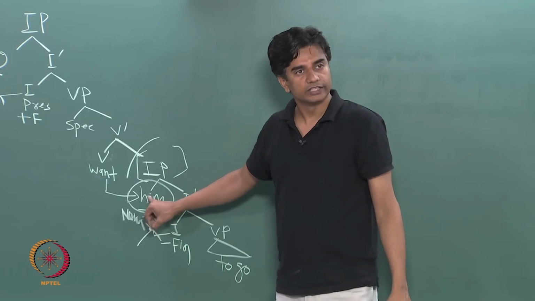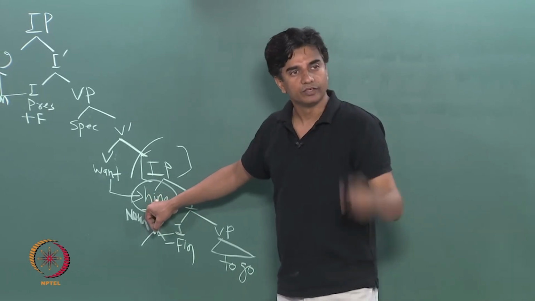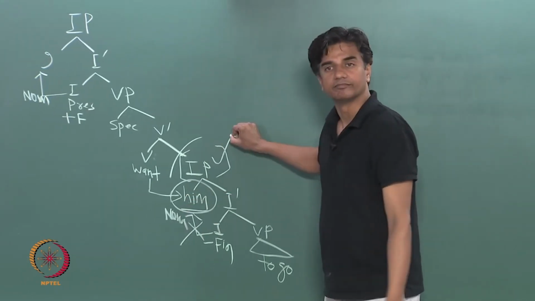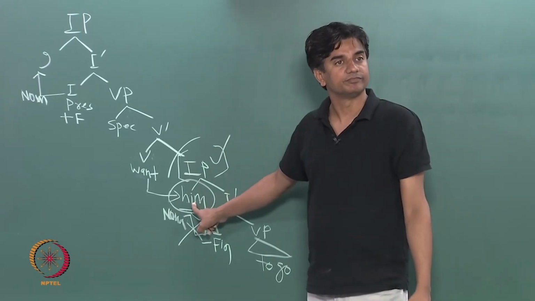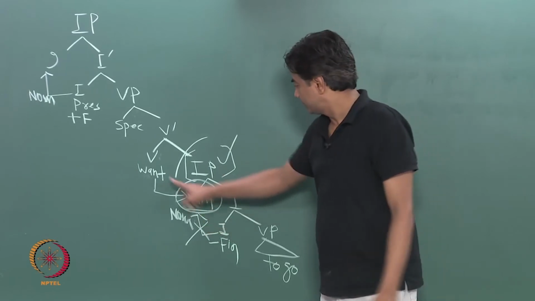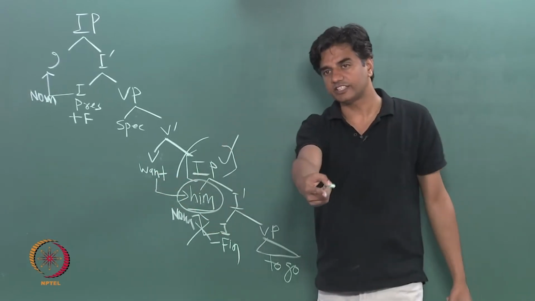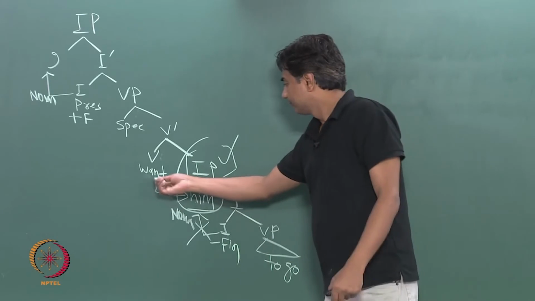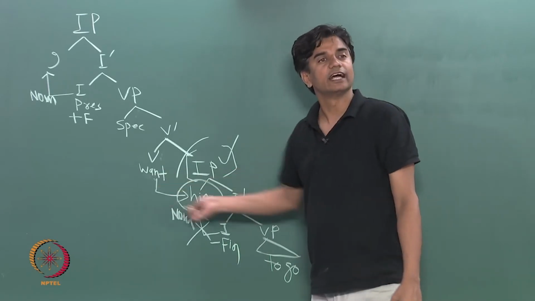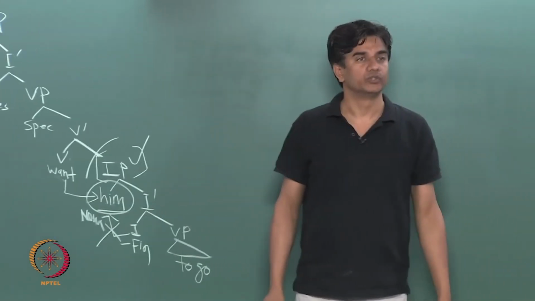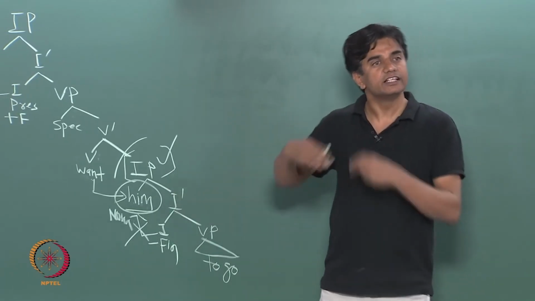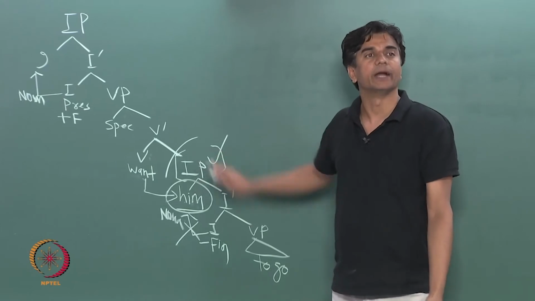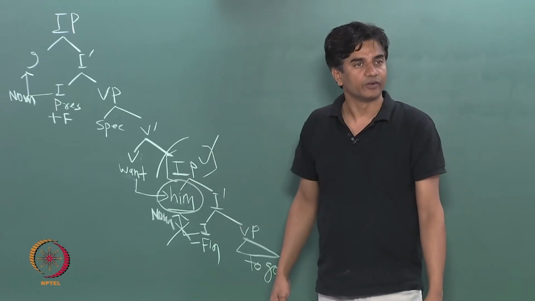It's also true that this has accusative case. What is true is this is a barrier, okay? But it's also true that this has accusative case. So the theoreticians ended up saying that this V assigns accusative case to the NP in the subject position, disregarding the barrier, okay?